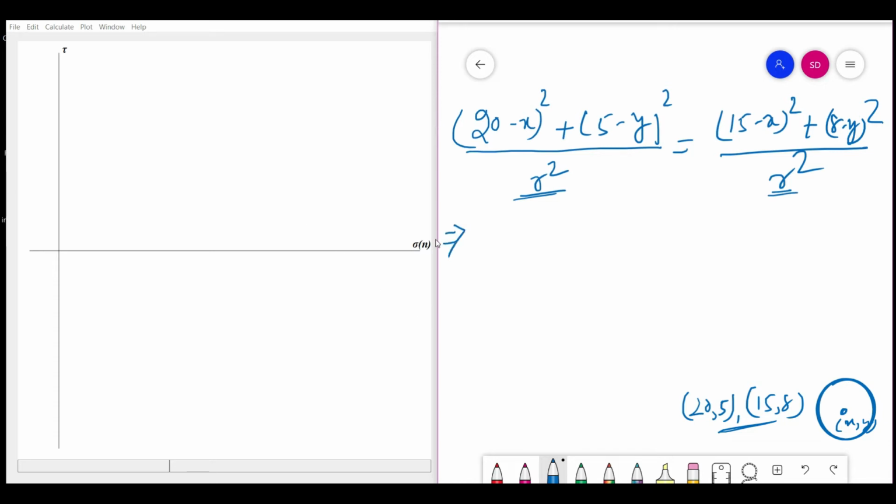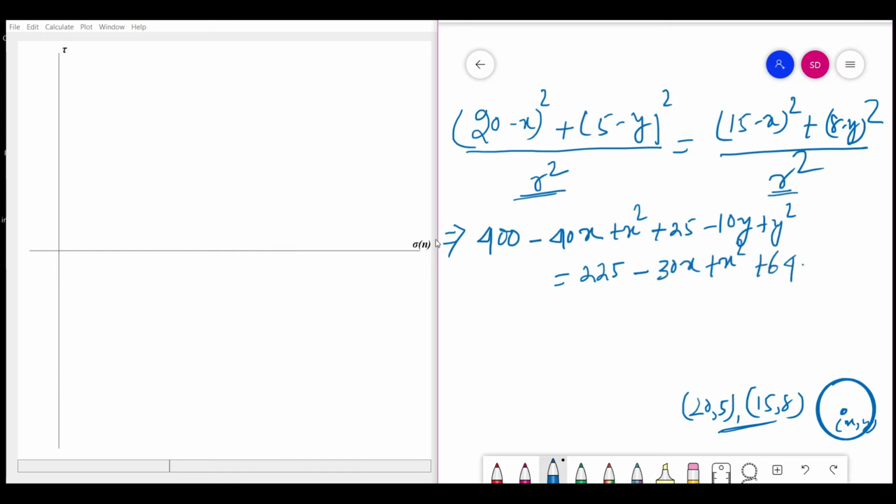If we expand it, we'll get 400 minus 40x plus x square plus 25 minus 10y plus y square is equal to 225 minus 30x plus x square plus 64 minus 16y plus y square.